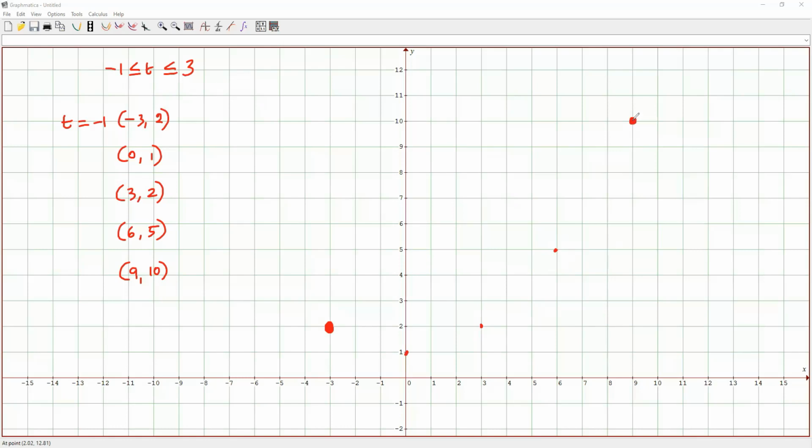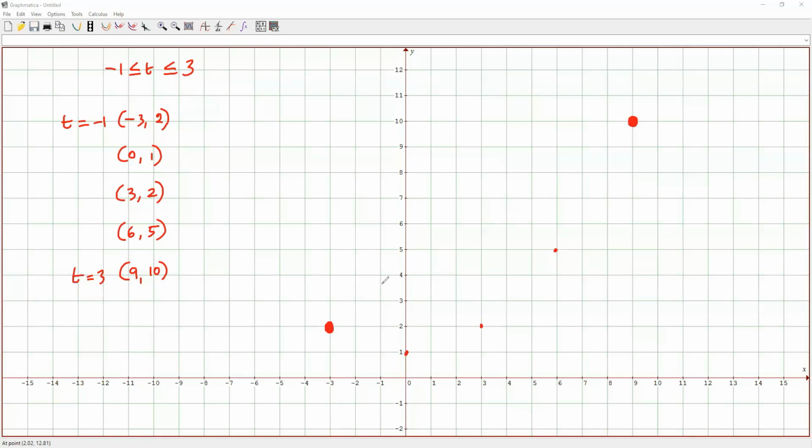And here again we have to take a filled circle because t can be equal to 3 or less than 3. When t is equal to 3, we get the point 9, 10. So t can be equal to 3. So we have to take a filled circle at the point 9, 10. Okay, now we have plotted all the 5 points on this xy plane.